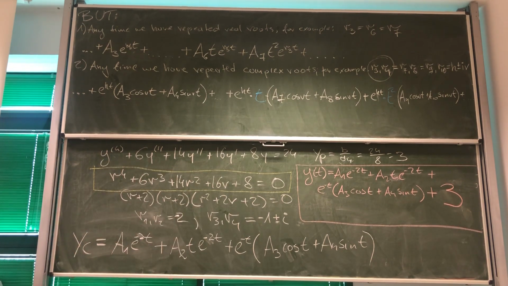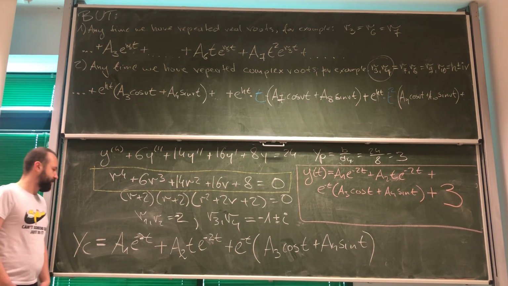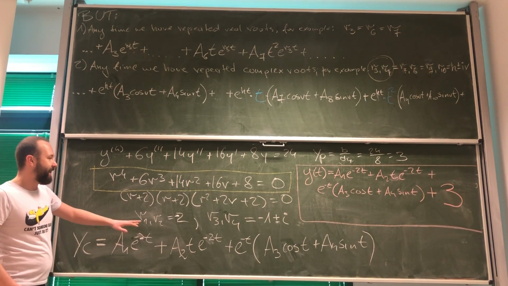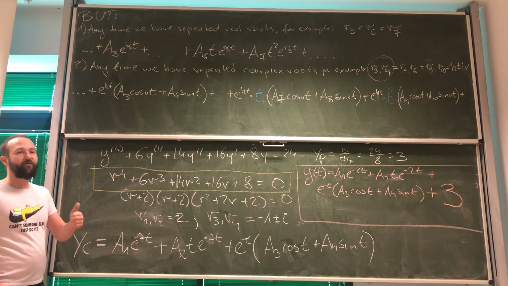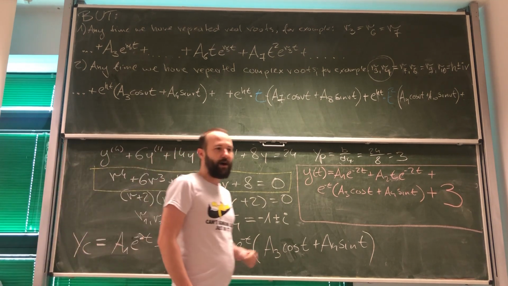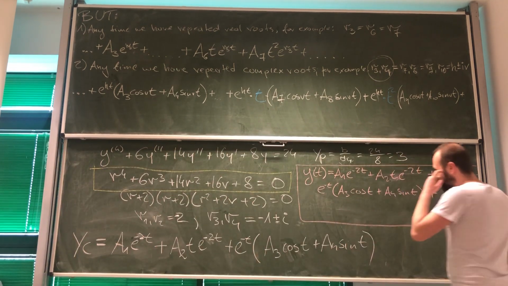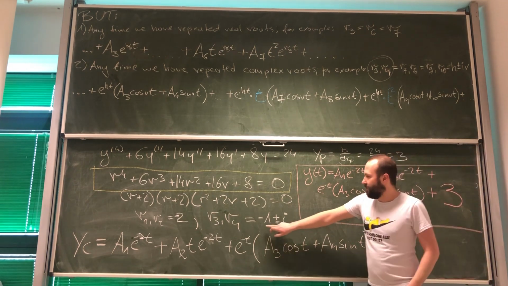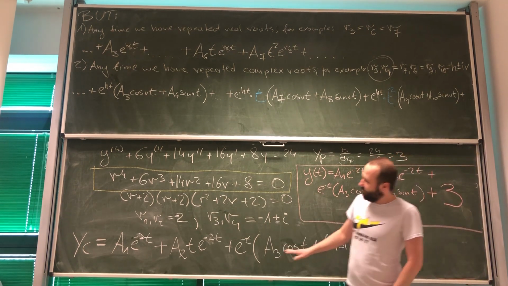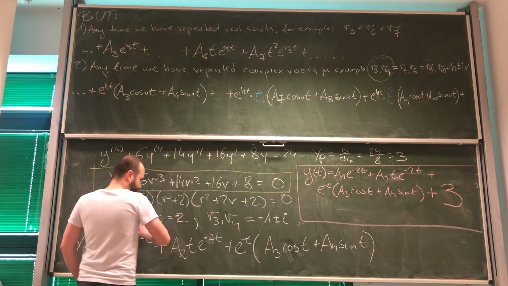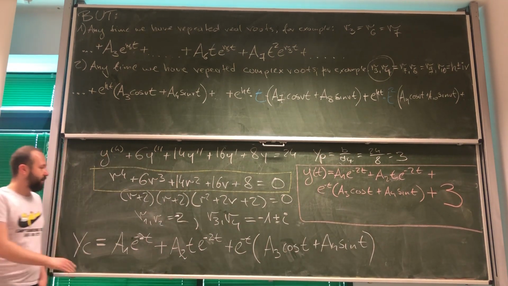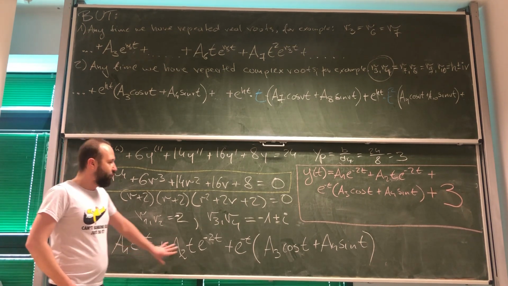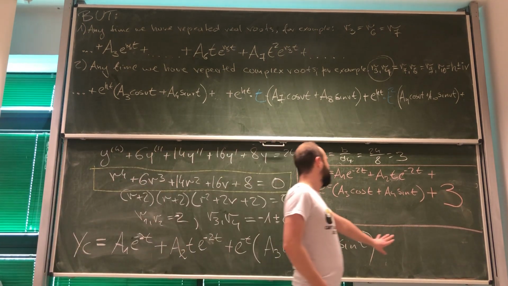Convergence happens if all the real roots are negative, and the real part of a complex root, so h, is also negative. So look here, because all the real parts of the roots are negative, we know that there's going to be convergence over here.